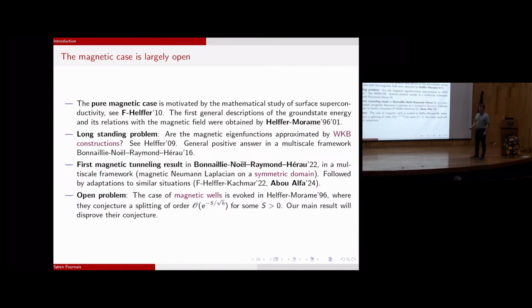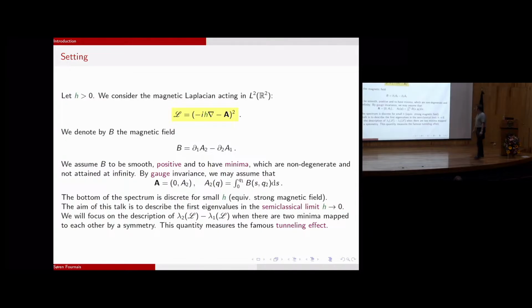So the result will come in a second, but as I said before, we will be in 2 dimensions. So this will be a particle moving in 2 dimensions in a constant or slightly non-constant magnetic field. Okay, so that's this next slide.